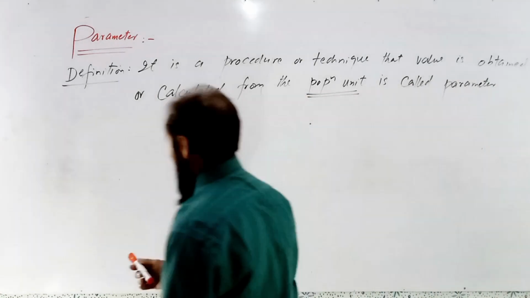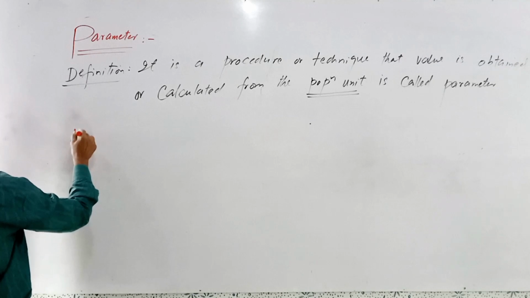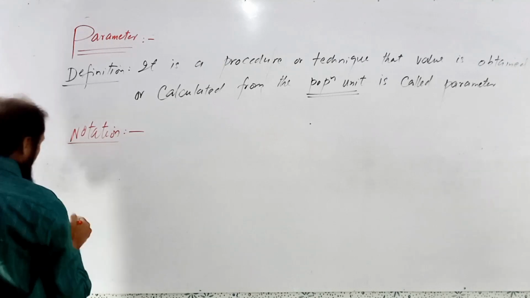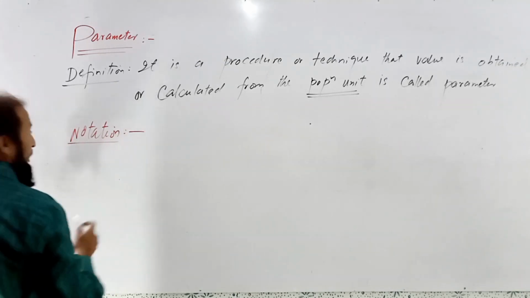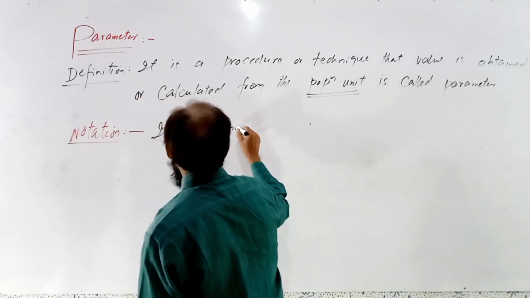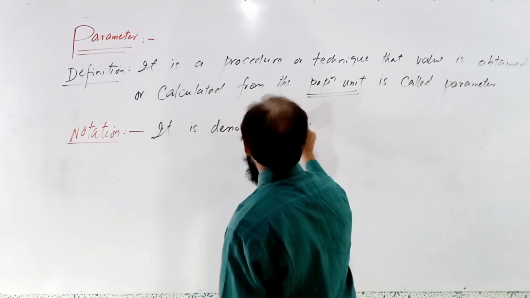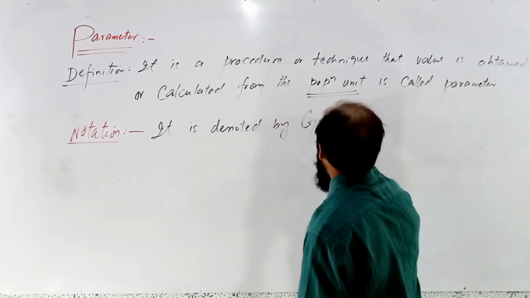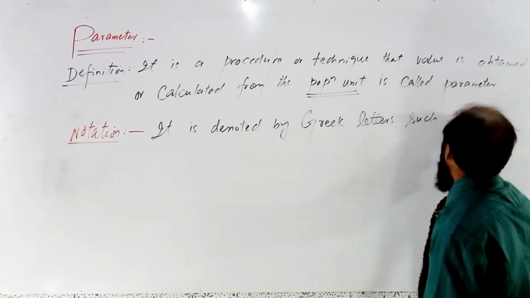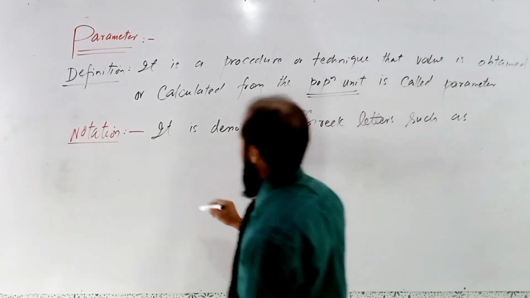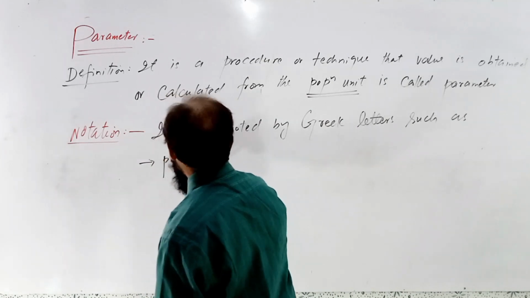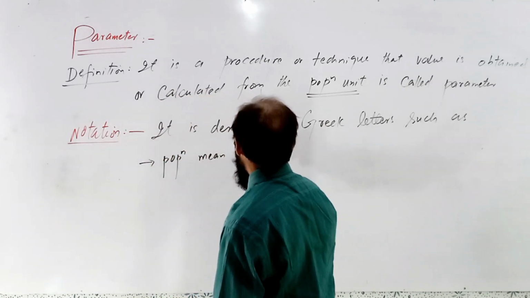Now, how can we represent it? This is the representation, the notation. It is denoted by Greek letters, such as population mean, denoted by mu.